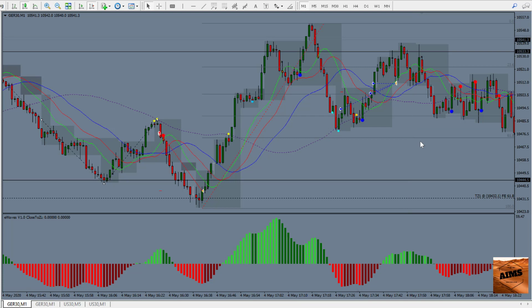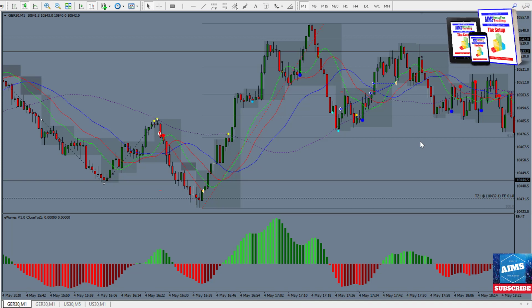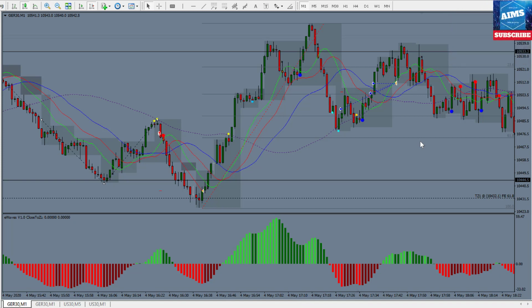If you have 1% risk and you go 1% in profit, you don't want to lose on that trade. And if you have 1% risk and your trade has gone 2% in your favor, you do not want to give all the 2% back to the market. So the lowest on that will be 1%.